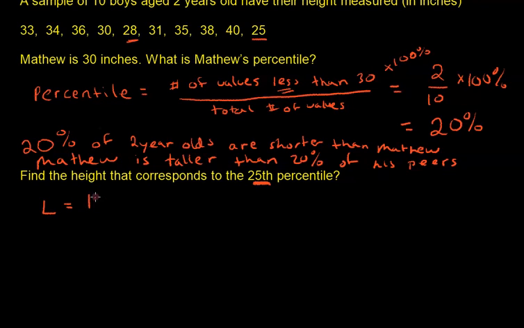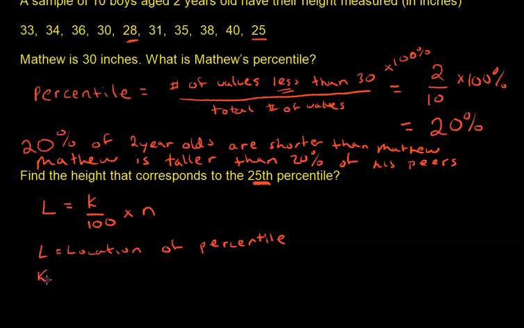It's L equals K over 100 times N, where L is the position, or location, of the percentile you're looking for, like the first observation, the second observation.